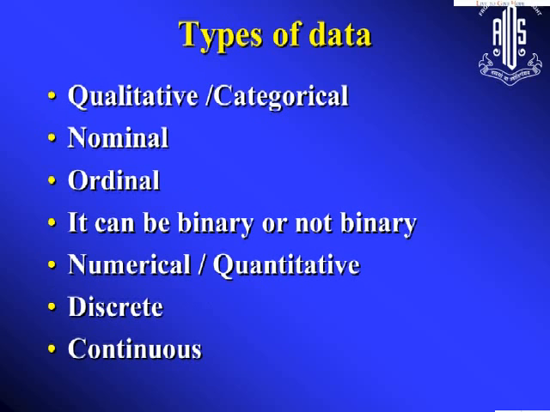And I told you about the types of data, qualitative and quantitative. You must recognize what type of data you are dealing with, because based on that you will choose the statistical test.